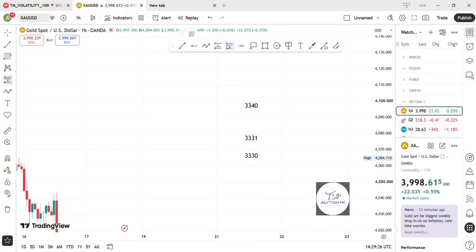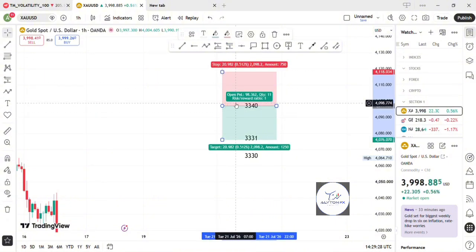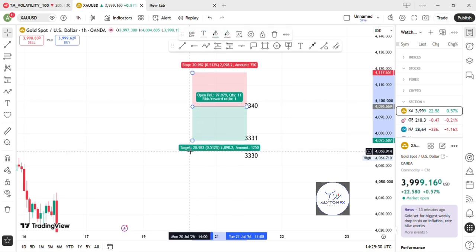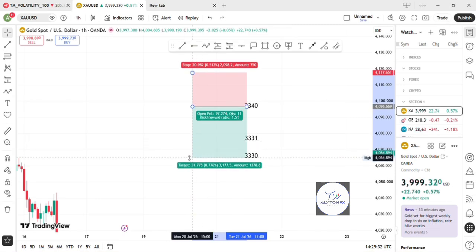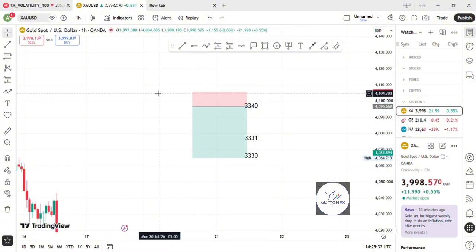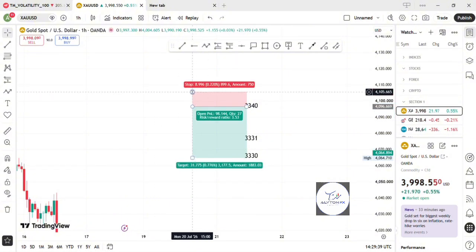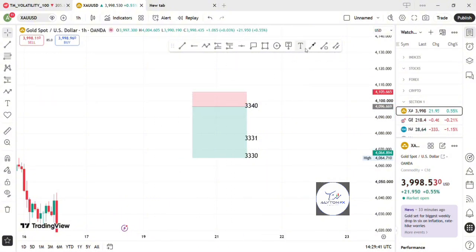Maybe your TP is at 3330. Let's say your SL is at 3350.